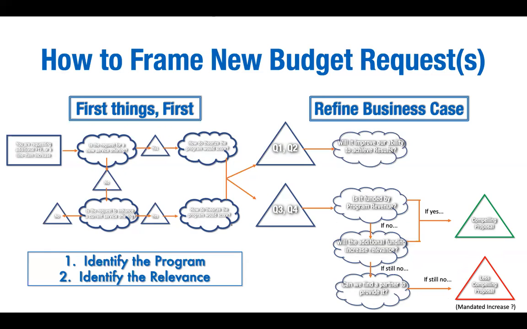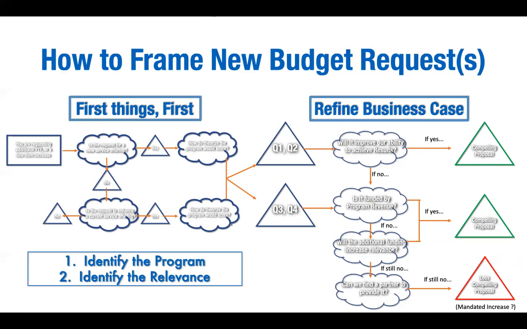And the idea for quartile 1 or quartile 2 is that we're still asking those good questions. It's not like they're off the hook or that there's a free pass. We still want to know, if we increase the service level to a Q1 program, does it move the needle on our performance? Does it allow us to achieve results to an even higher degree? If yes, that's compelling. If no, let's still ask some of those other questions.